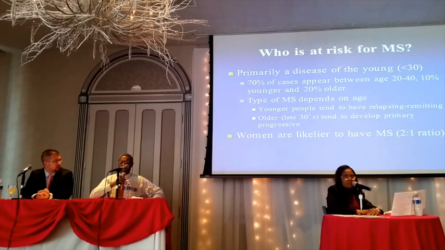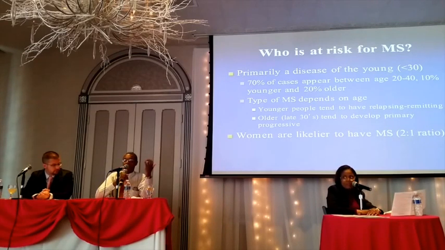And an interesting thing about this is that African Americans are, in theory, less likely to develop multiple sclerosis, but when they get it, they're more likely to have it more severely, and they're also more likely to develop this Devic's syndrome as well. We don't know why that is, and there has been some research done on potential reasons.